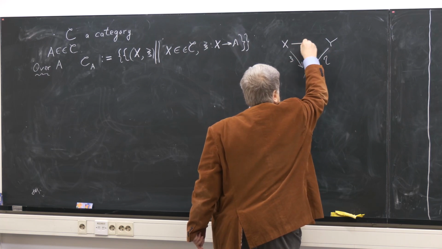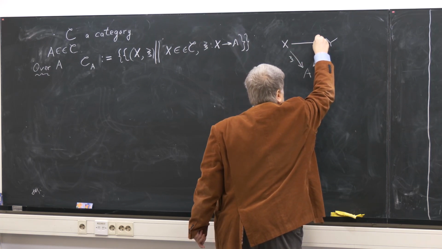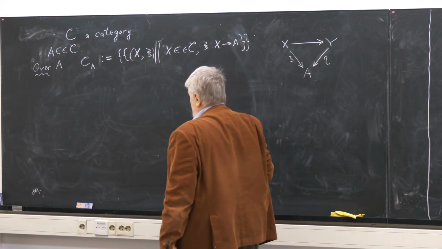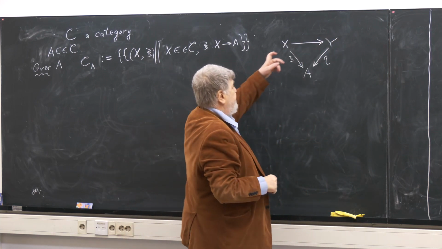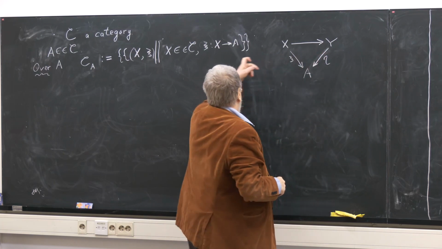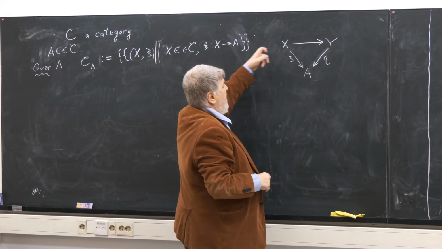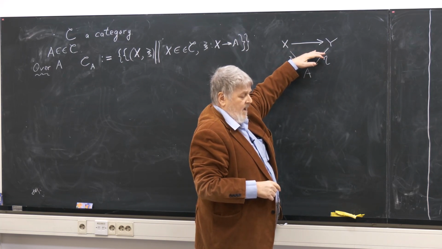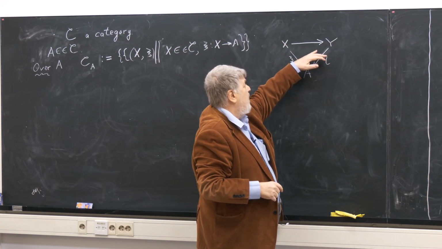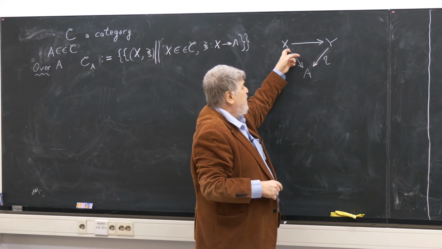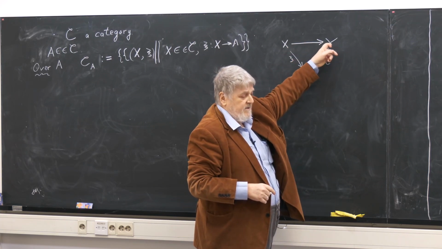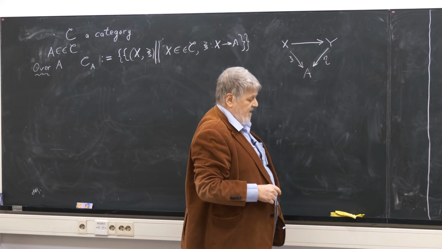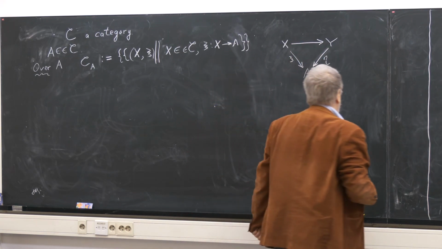We define a morphism from one object to another to be such a morphism in the category C. As usual, we have agreed that drawing an arrow between the objects of some category, we always mean that it is a morphism of the category.